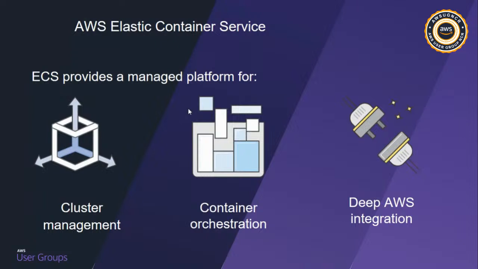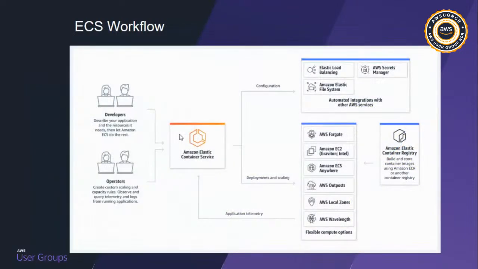ECS, as I mentioned, is used for cluster management and container orchestration, and it is well integrated with other services within the AWS ecosystem, as Rajat just explained. Now, how does ECS work? You simply describe your application and the resources which are required by your application.